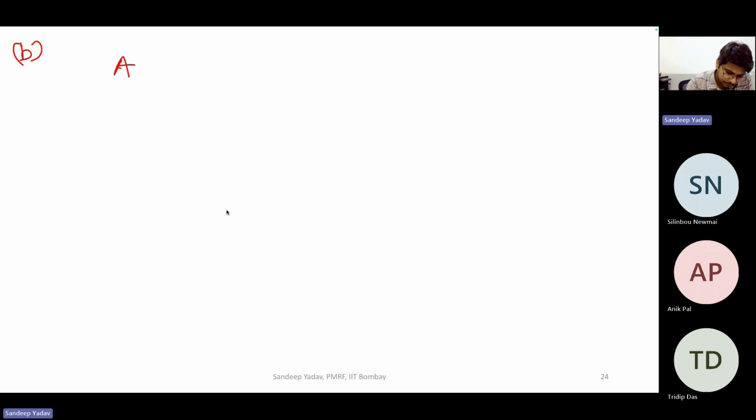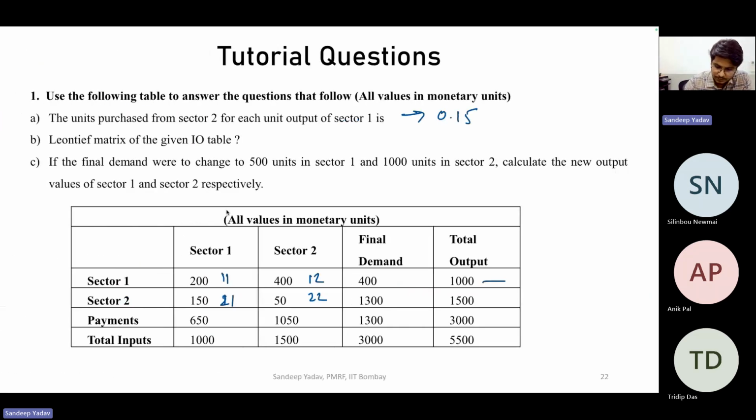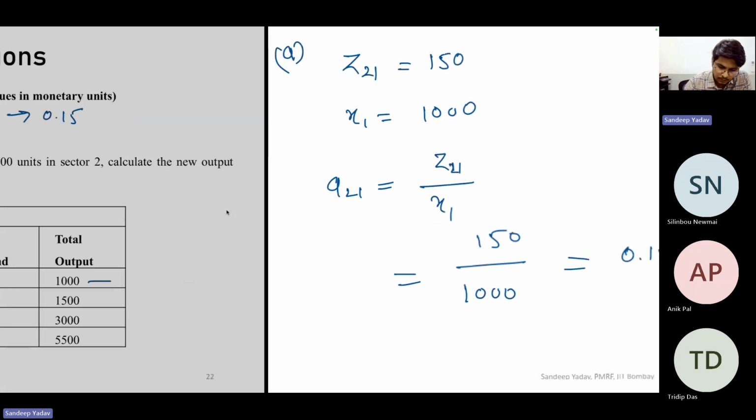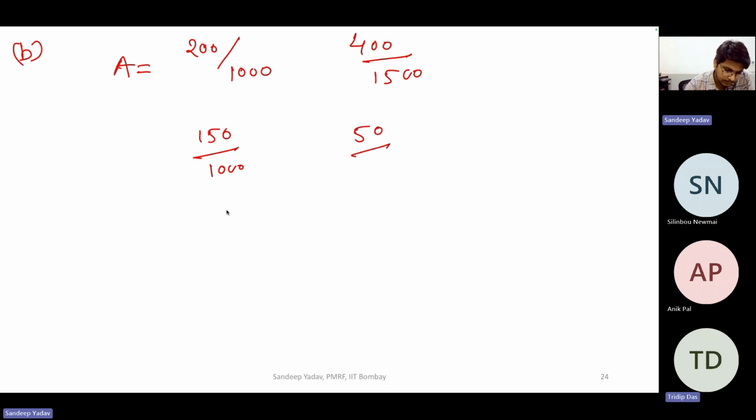So A would be, as you have seen for sector 1, 200 divided by 1000, and 400 divided by 1500. So it would be equal to 200 by 1000, 150 by 1000, 400 by 1500 and 50 by 1500.